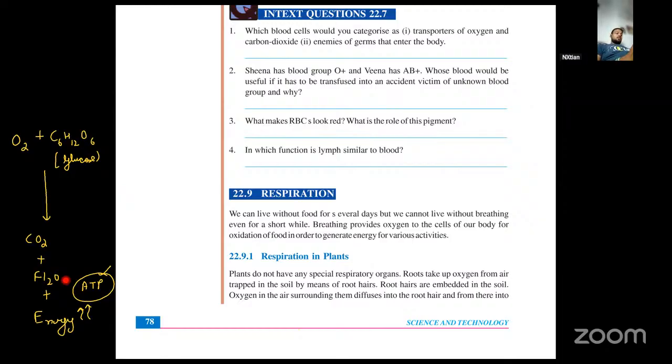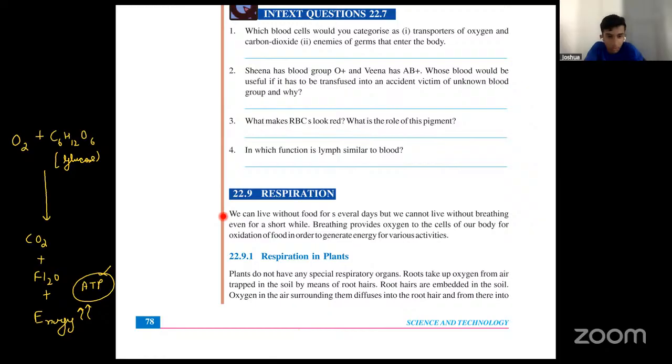Yes. So I want Joshua to read this, please. We can live without food for several days, but we cannot live without breathing even for a short while. Breathing provides oxygen to the cells of our body for oxidation of food in order to generate energy for various activities.